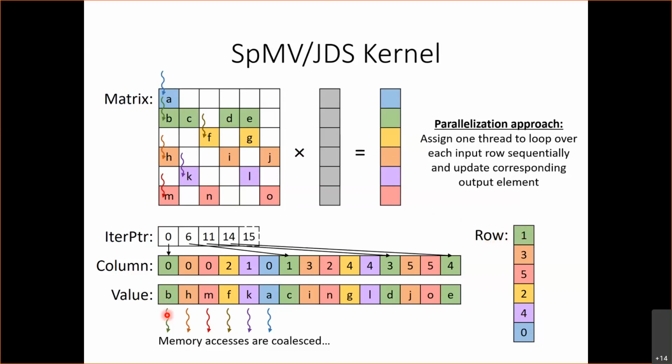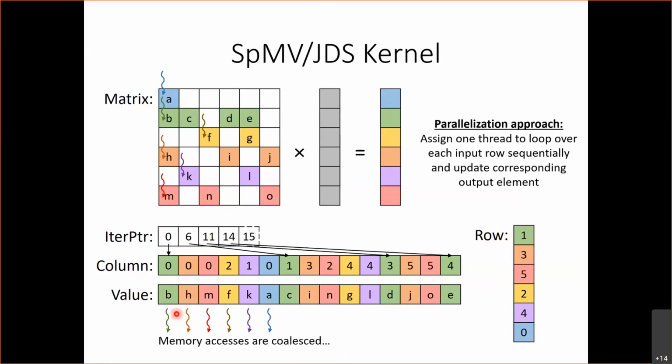So thread 0 is going to be responsible for row 1. Thread 1 is going to be responsible for row 3. Thread 2 is going to be responsible for row 5, etc. And now each thread is going to load the first non-zero of the row that it's responsible for. And as you can see, these memory accesses are coalesced.